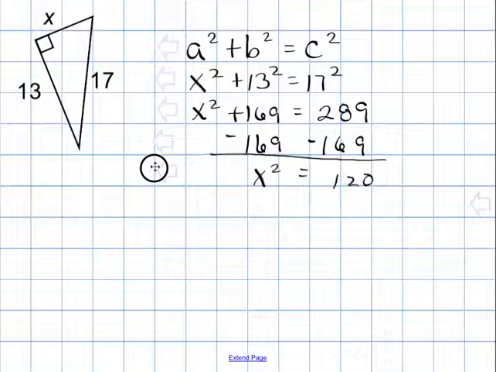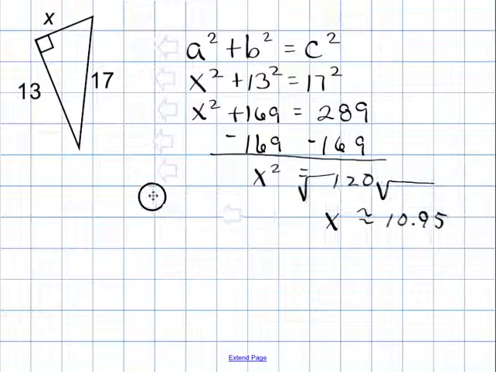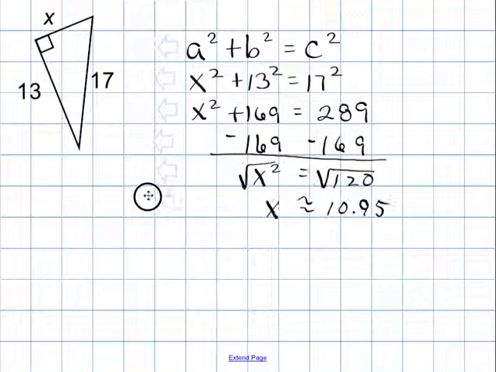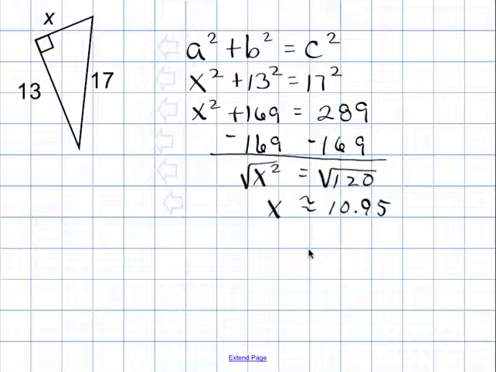Once we know that x squared equals 120, we can undo that exponent by using a radical or a square root, and we find the square root of both sides. Later in the school year, we'll learn how to keep that an exact value and to simplify what's called the radical, but for right now we're going to find the approximation of x, which if I round off to the nearest hundredth place is 10.95.